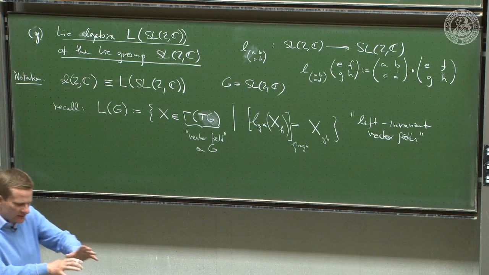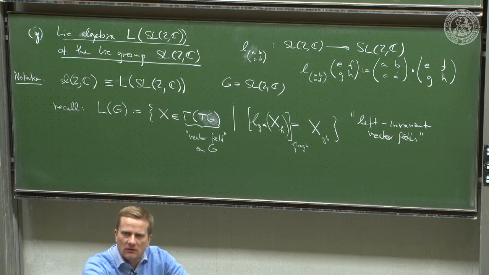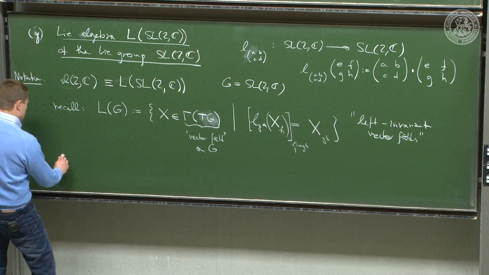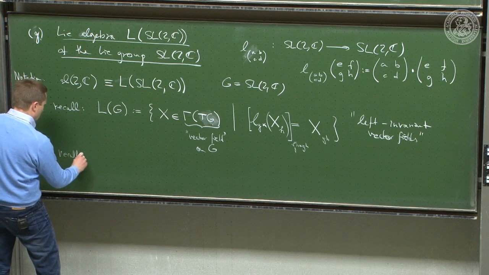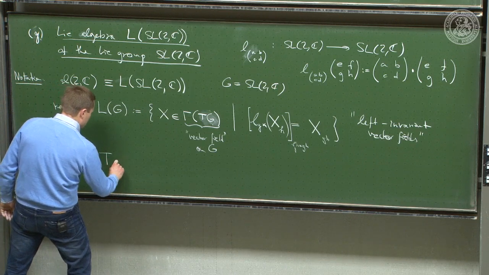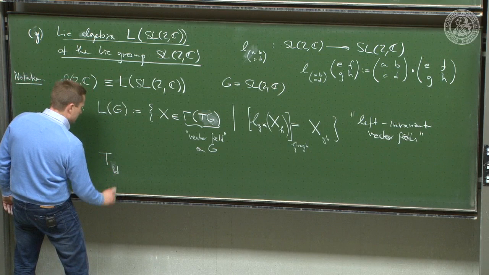So you really need to look at the whole group manifold and look at vector fields on there. But we saw that there is an isomorphism. Recall that there is an isomorphism between the tangent space at the identity, so did we call this guy id?